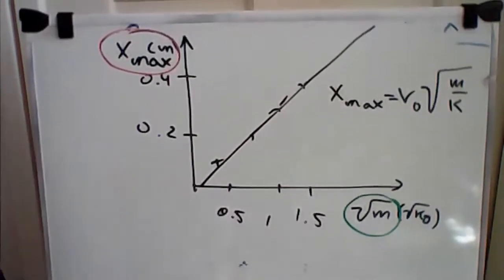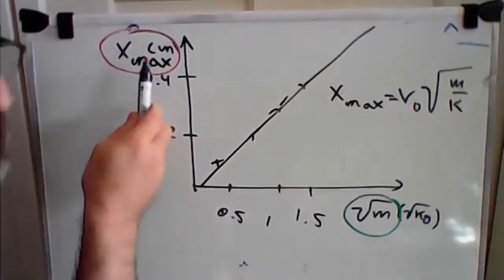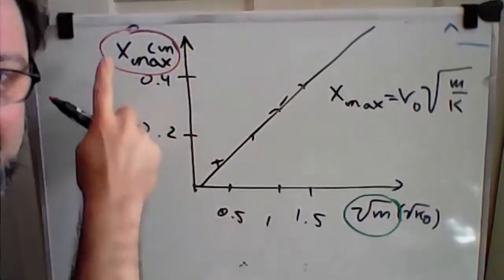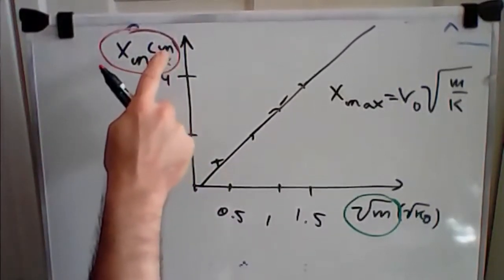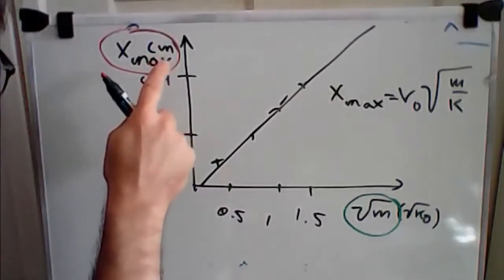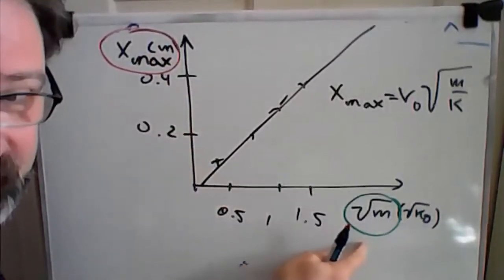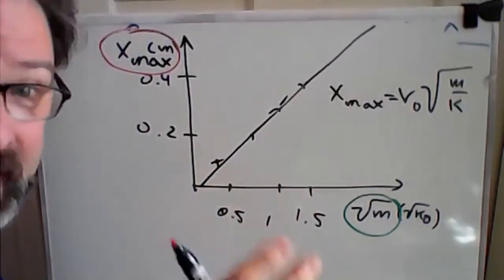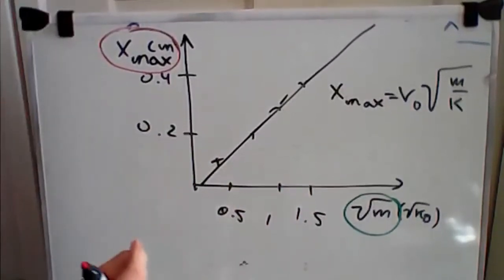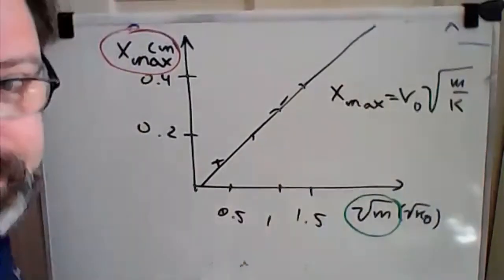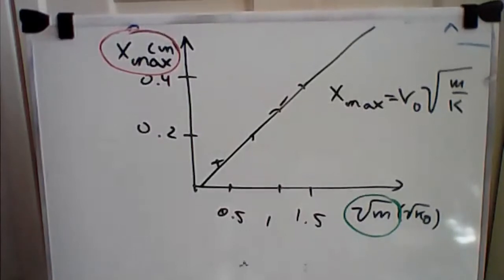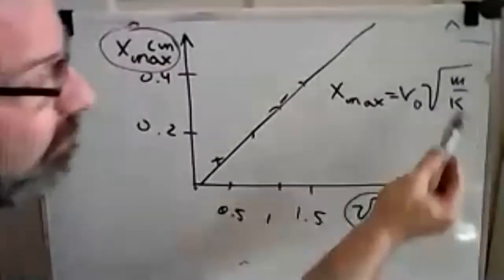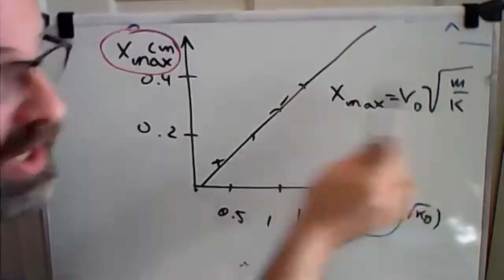So it's okay to be confused a little bit about this. First of all, your y variable is x, and it's like, what? The unit for the x variable is m, meters, whereas down here in the x variable, we have square root m, but that's mass. That can be confusing. And the other thing is that we've got things baked together a little bit, because over here we have really a variable, m, and we have a constant.